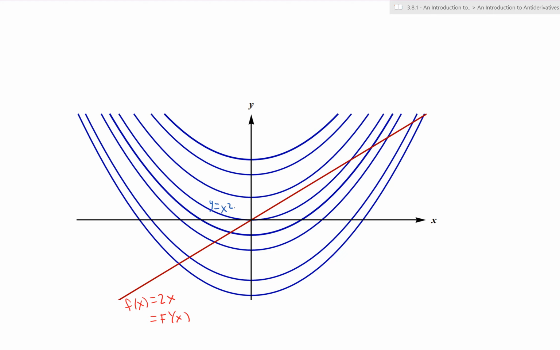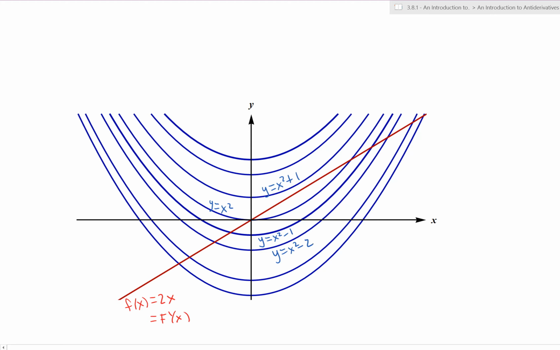If I differentiate that, I get the same derivative, 2 times x. And maybe the one right above that is y equals x squared plus 1. Differentiate that, you get 2 times x. Or go down below, maybe this one right here is y equals x squared minus 1, and then y equals x squared minus 2, and so on.